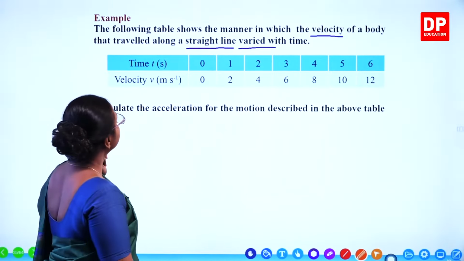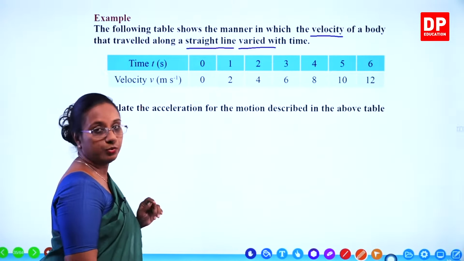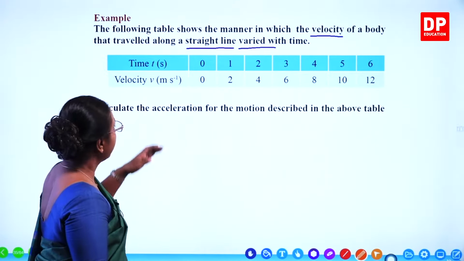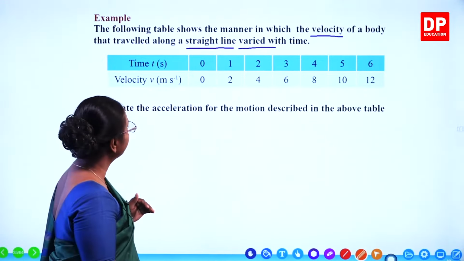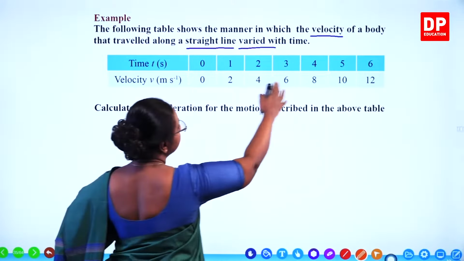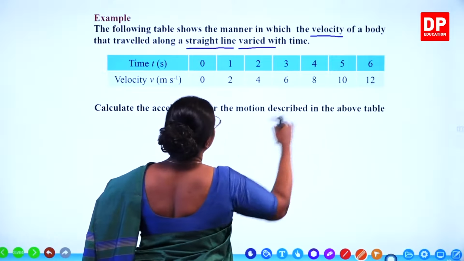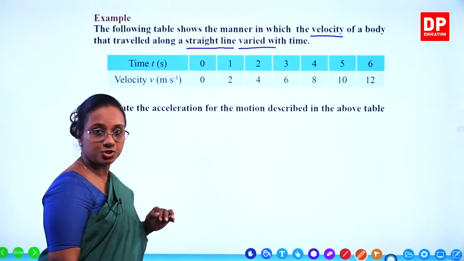So time is given to you, velocity is given to you. You can see the symbol V and the units given. And as usual, it starts with the initial point, 0, 0 values, 0 seconds, 0 velocity. And with time, the time changes by 1 second and the velocity changes gradually.